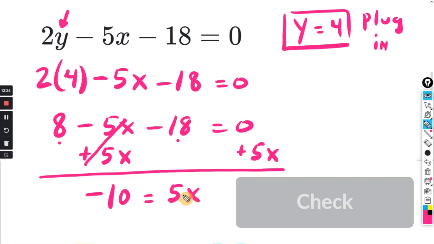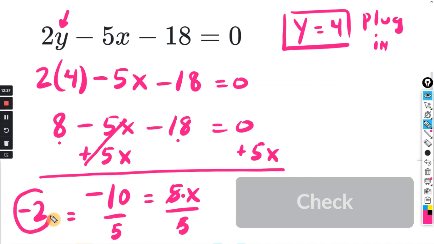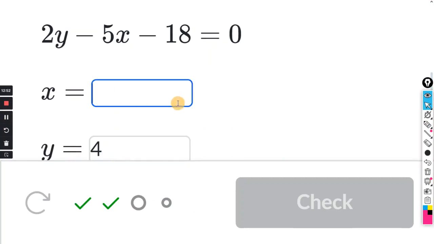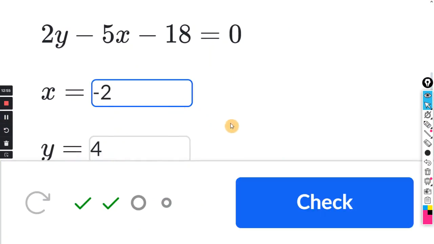The opposite of x times 5 is divided by 5. Do that to both sides. The 5's cancel. And negative 10 divided by 5 gives us negative 2. All right, that's your x. And y is 4, x is negative 2. All right, y is 4. Click in the box, x is negative 2.